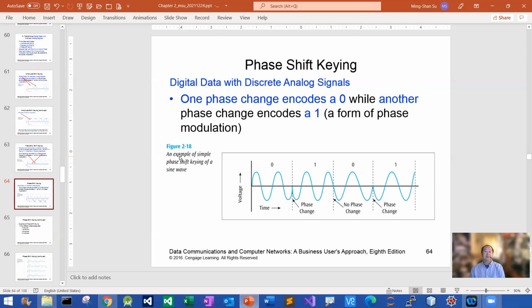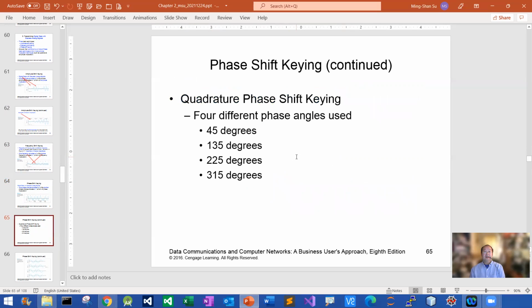So figure 2-18 shows an example of a simple phase shift keying of a sine wave. And based on this phase shift keying technique, you can apply direction changes at different angles: 45 degrees, 135 degrees, 225 degrees, 315 degrees.